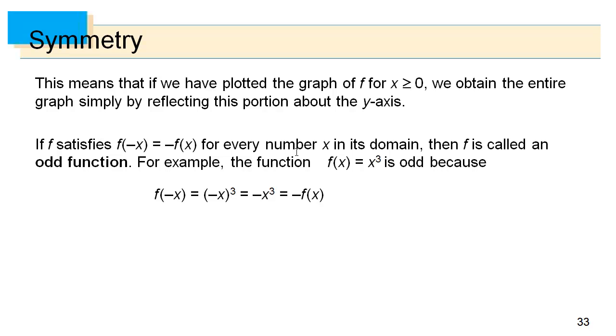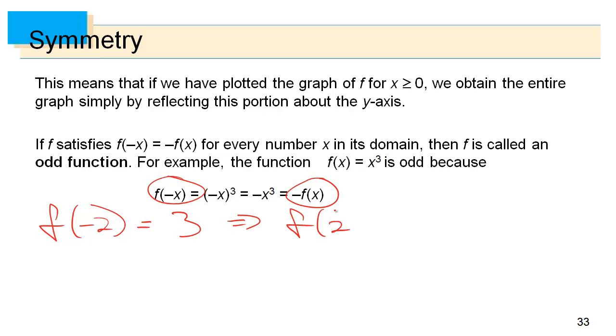An odd function does just the opposite. When you plug in a negative number into an odd function, it gives you the opposite of what you would have gotten from the positive. So that means if f of negative 2 equals 3, that implies that f of 2 must equal negative 3.